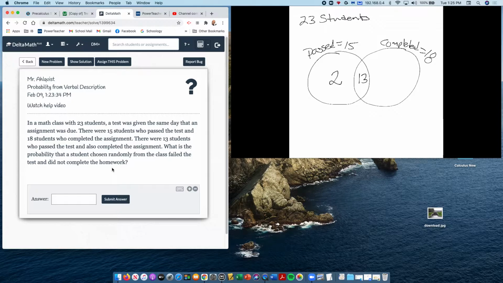We know that there are 5 students that completed the assignment that did not pass the test. So the question we're asked is, what is the probability that a student chosen at random failed and did not complete the homework?